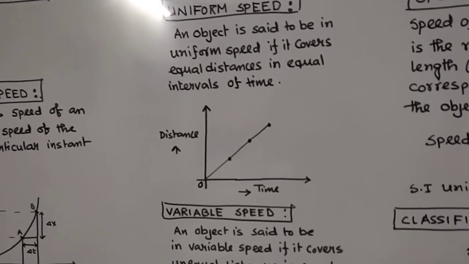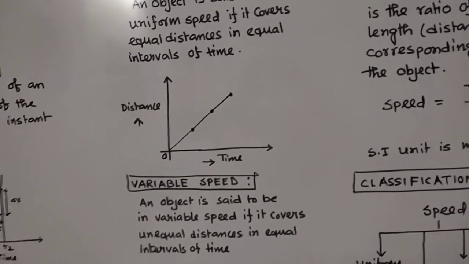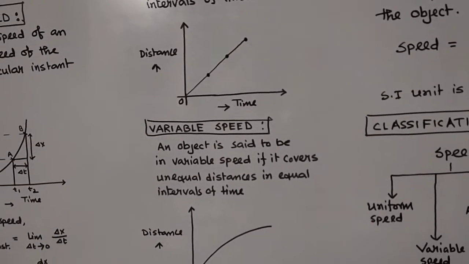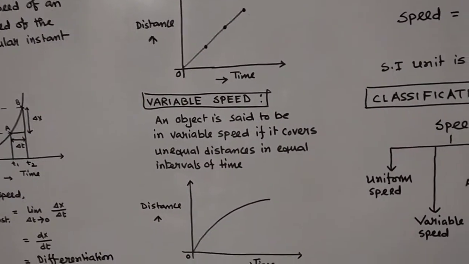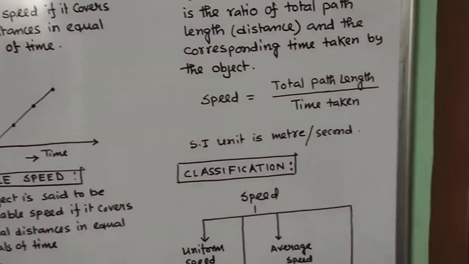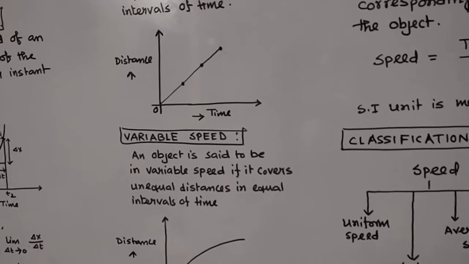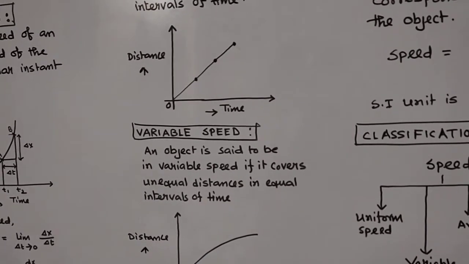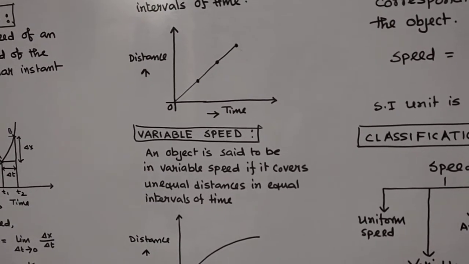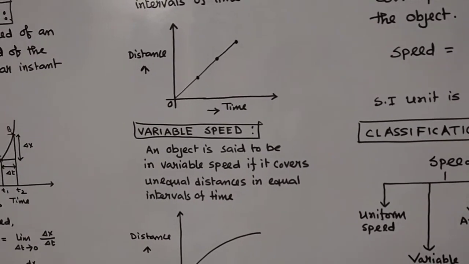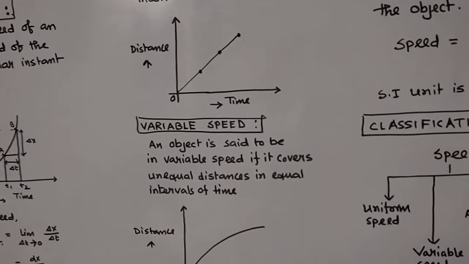Now next one is variable speed, which you can define as non-uniform speed. Speed involves two parameters: one is distance and another one is time. So variable speed can be defined if an object covers unequal distances in equal intervals of time, or you can say if an object covers equal distances in unequal intervals of time.